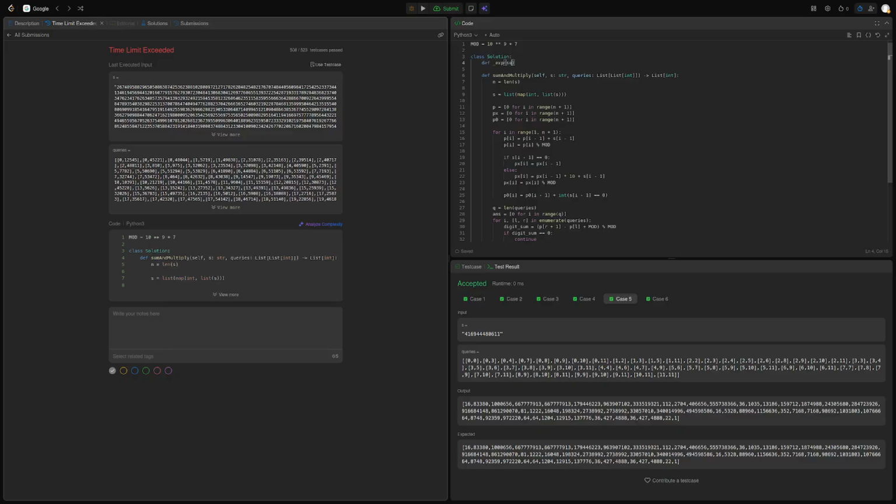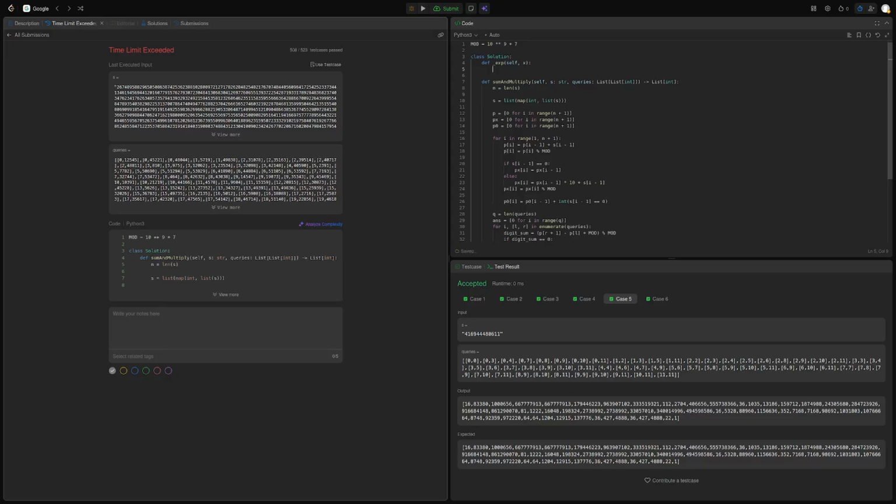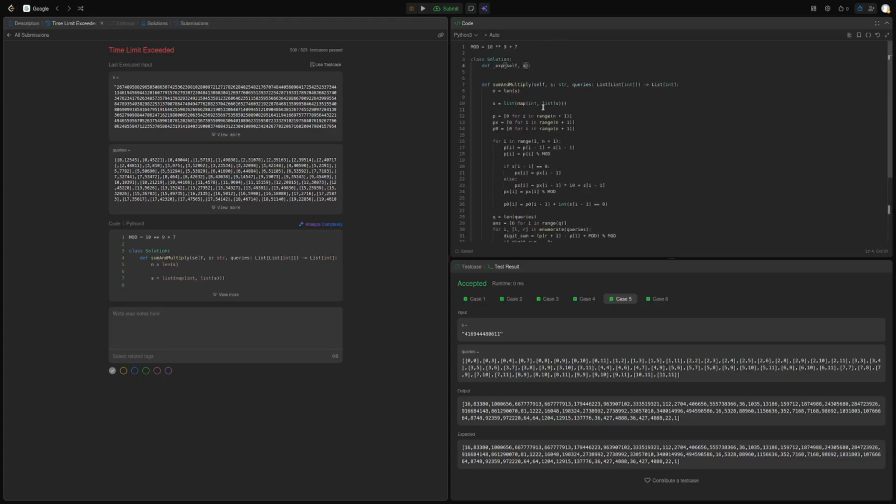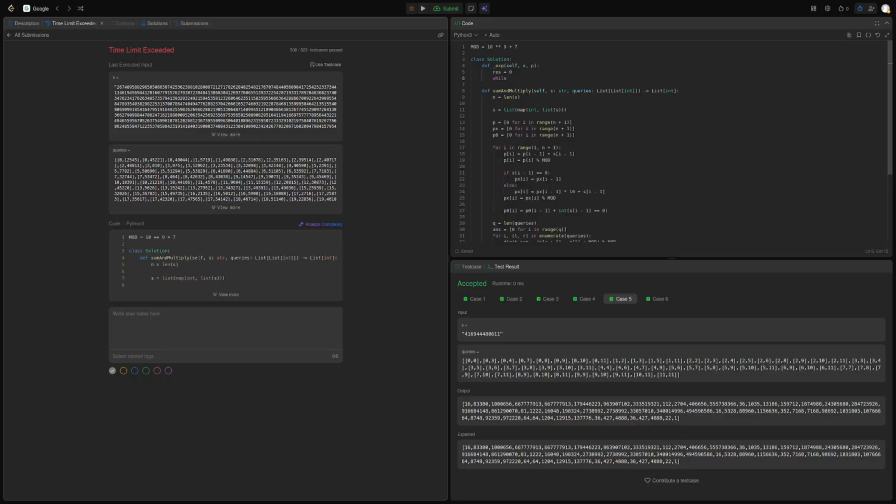And then let's do def exp self x, and that's power, and now result is 0, and now while power is positive, then we do this.